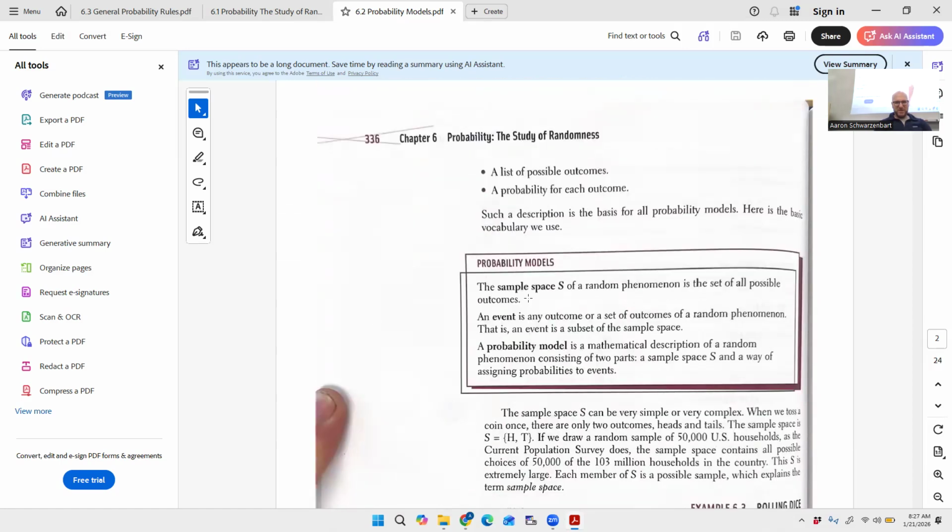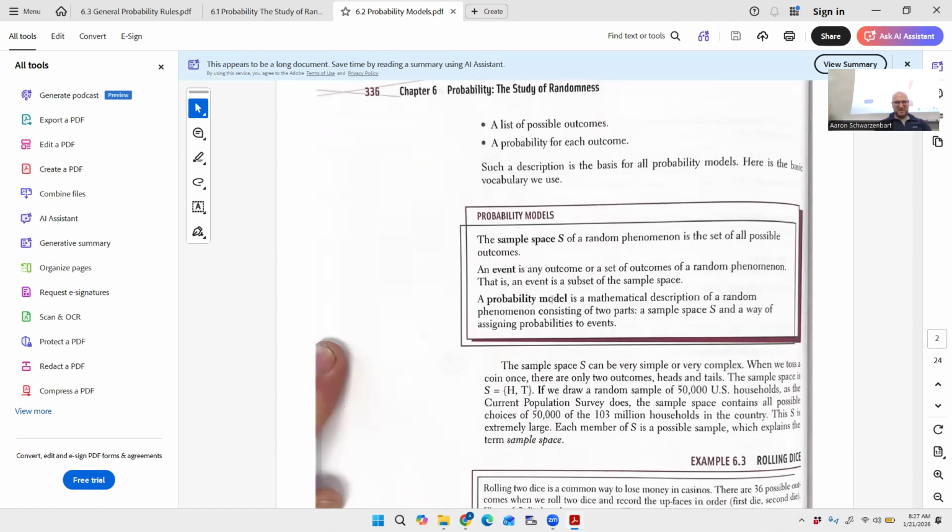So, probability models. We have a sample space. An event is something occurring, like drawing an ace from a deck of cards, rolling a 6 on the dice, rolling a 7 on a pair of dice. An event doesn't mean there's only one way it could happen.